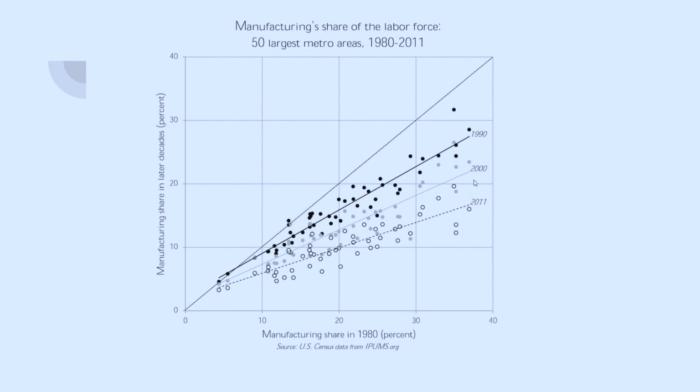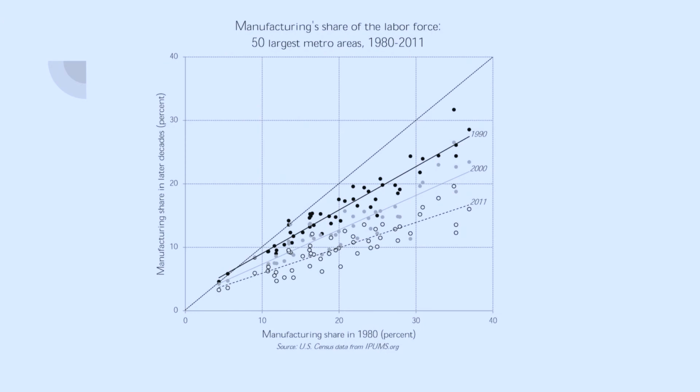So this chart really effectively shows the decrease in manufacturing, at least amongst the largest metropolitan areas in this country. You can see there are three separate trend lines showing the different decades, 1990, 2000, and 2011.